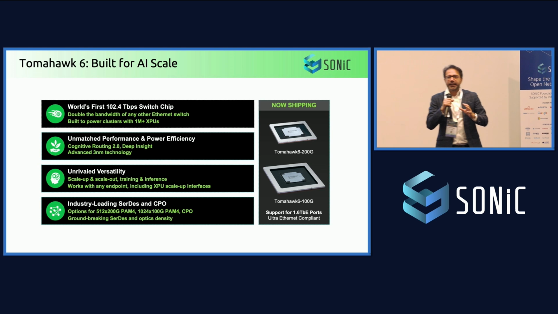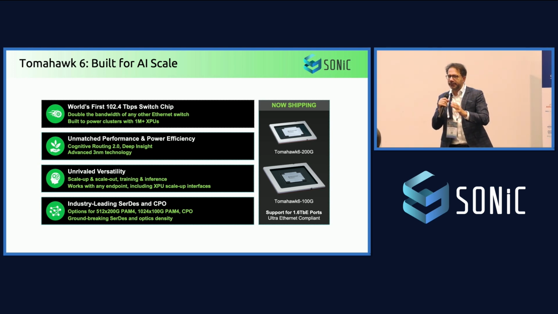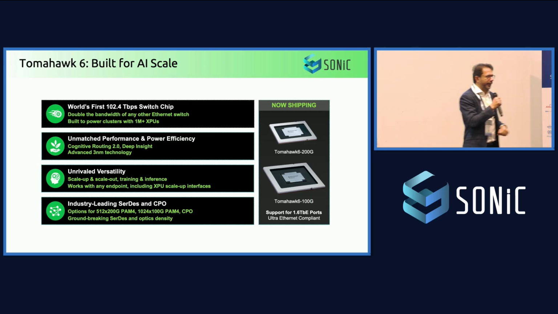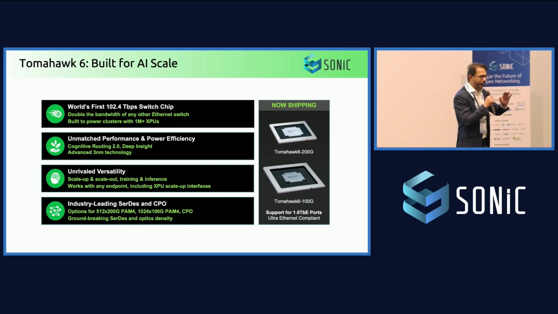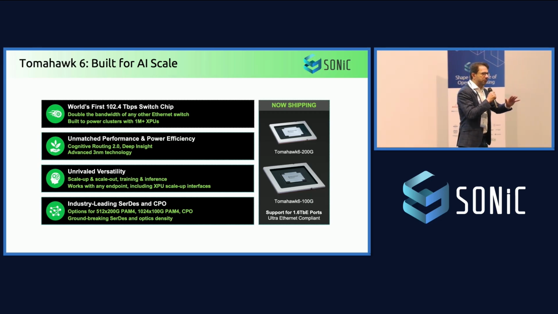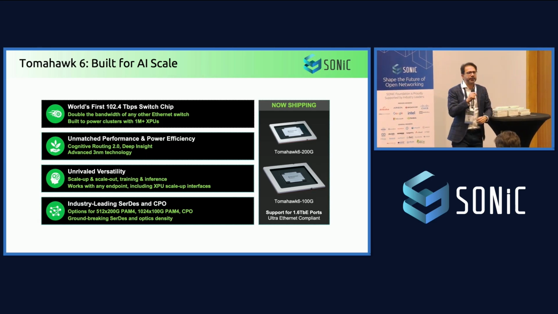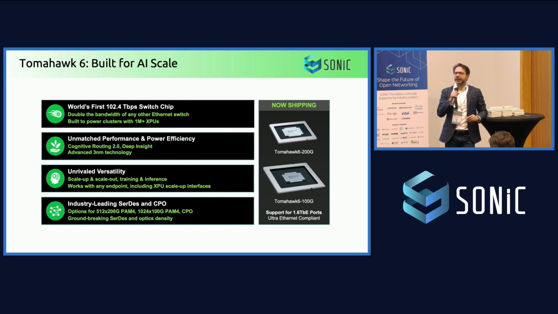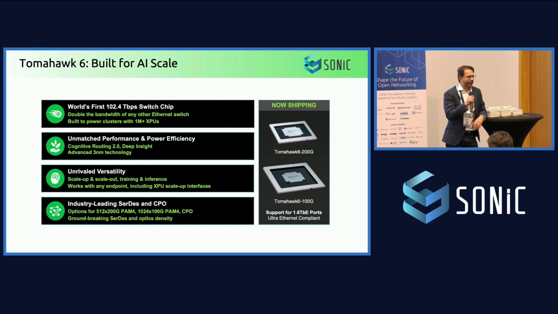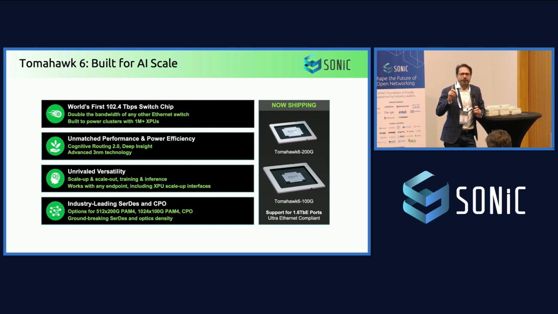What happens is, if you have a 50 terabit silicon, so if you're making a GPU network, a backend network fabric, with any silicon in the world other than Tomahawk 6, whether it's Broadcom Tomahawk 5 or one of our competition, if you have a 51.2 terabit silicon, you can build a 2-tier network with up to 8,000 GPU.